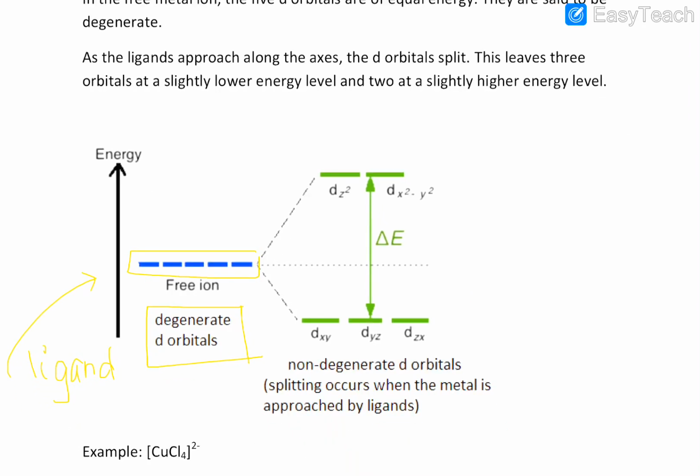So now the d orbitals are said to be non-degenerate d orbitals, and we say that there is d splitting. So there is splitting of the d orbitals when the ligand approaches. Then you have 3 d orbitals at the lower energy and 2 d orbitals at higher energy.